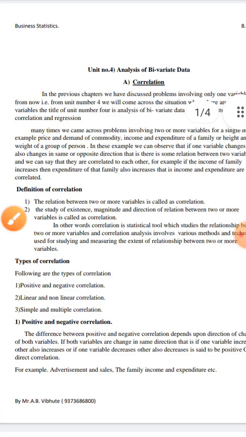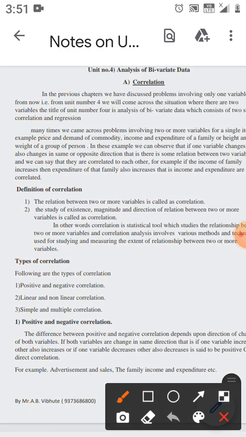There is a definition of correlation. The first definition of correlation is: a relation between two or more variables is called correlation. The second is: the study of existence, magnitude and direction of relation between two or more variables is called correlation.